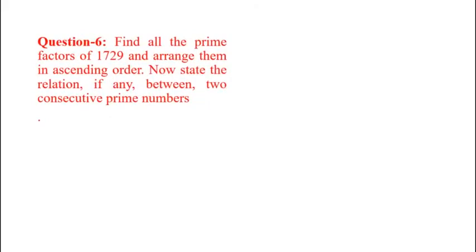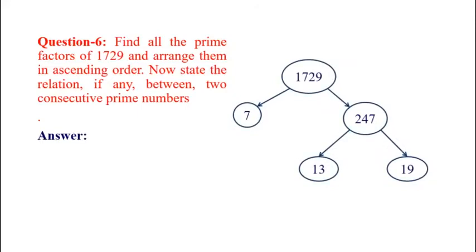Then question number 6. Find all the prime factors of 1729 and arrange them in ascending order. Now state the relation, if any, between two consecutive prime numbers. So, 1729 is equal to 7 into 247.